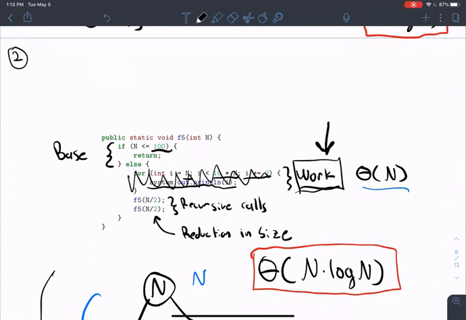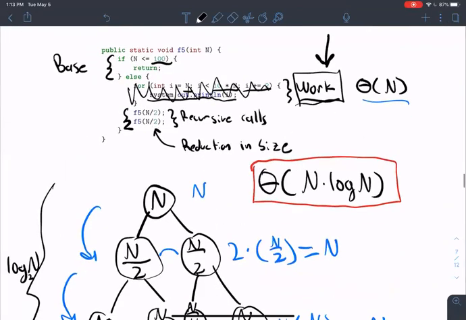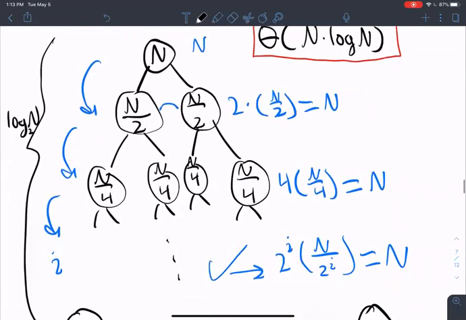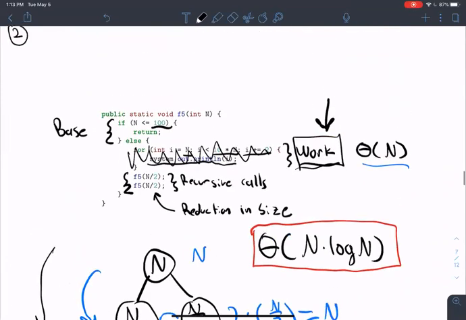I think you'll see that when you count the number of nodes, it could be the arithmetic sum, but in this case, I think it'll be the geometric sum, because the first layer has just 1 node, the second layer has 2 nodes, and then 4 nodes, and then 8 nodes, and so on, and you're adding all of those things. So in this case, it would be the geometric sum.